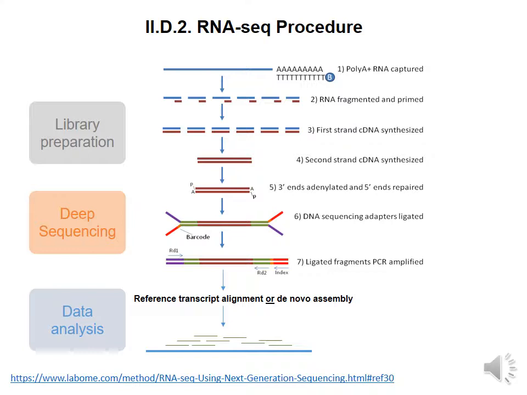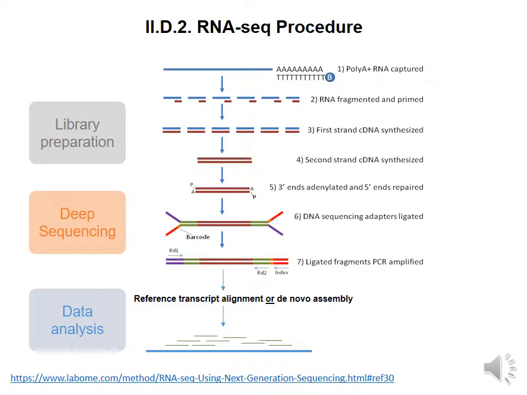Then, once we have purified all the poly-A messenger RNAs, we fragment the RNAs into small pieces and prime them with small random hexamers that will bind randomly to every single piece of RNA. Then the next step is to synthesize the first strand cDNA, and then we follow with a second strand cDNA synthesis.